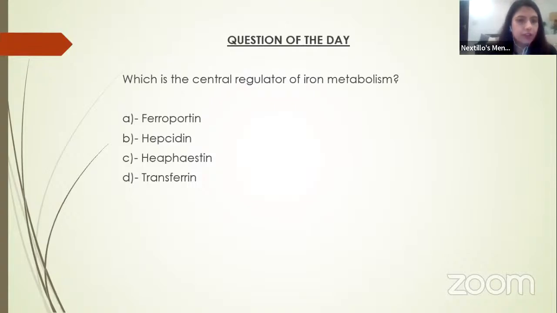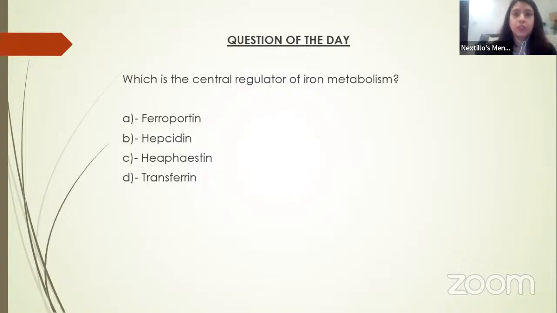Okay, so the answer over here is B, and yes, Sanjana has given the right answer. So Sanjana is our winner for the day. The answer is hepcidin. Definitely, hepcidin is the central regulator of iron metabolism. As I explained in one of the previous slides, hepcidin is a protein secreted by the liver.